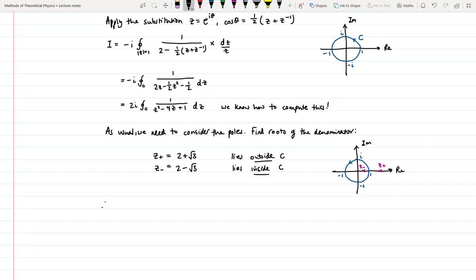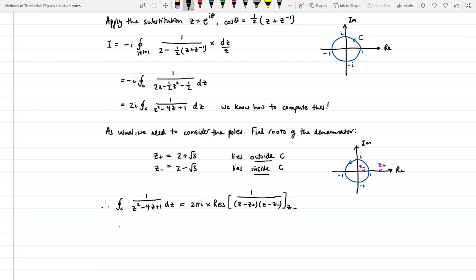This means that by the residue theorem, we have that the integral around the unit circle of 1 over z squared minus 4z plus 1 dz is going to be 2 pi i times the residue of our function that we can write as 1 over z minus the first root times z minus the second root, evaluated at z minus.